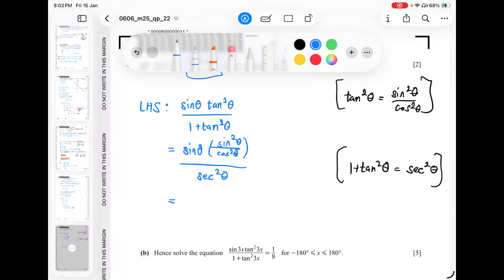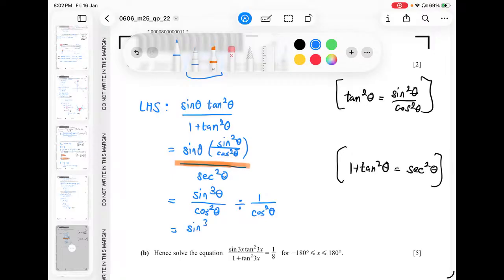And now when you multiply, it's going to be sine cubed theta over cos squared theta. For now I'm going to write this division with the division symbol. And secant squared theta is basically 1 over cos squared theta.